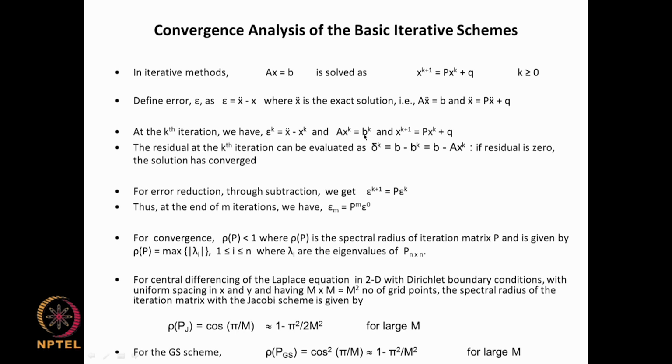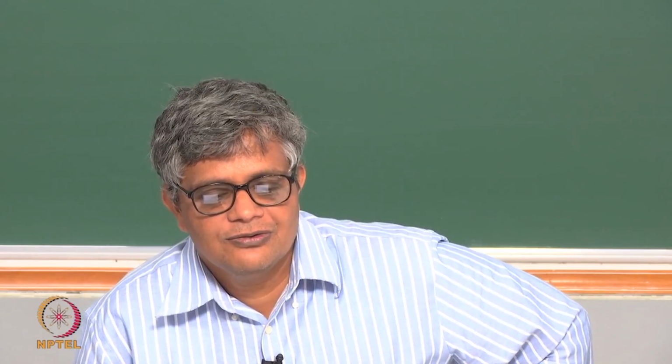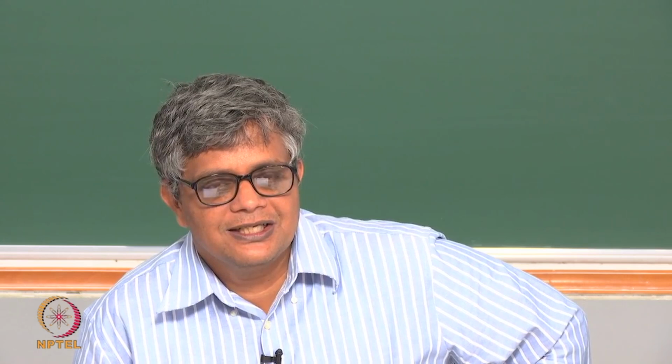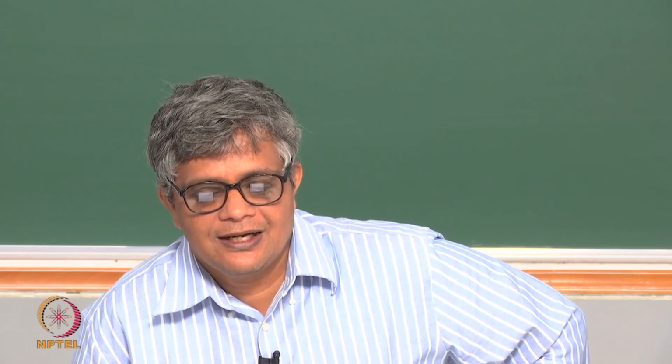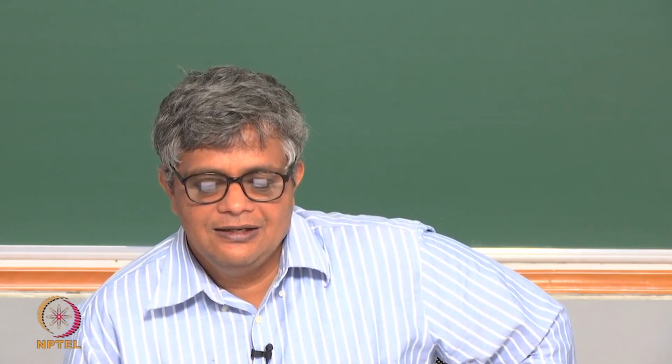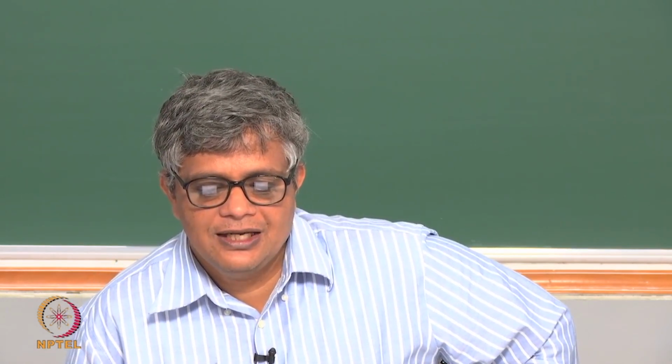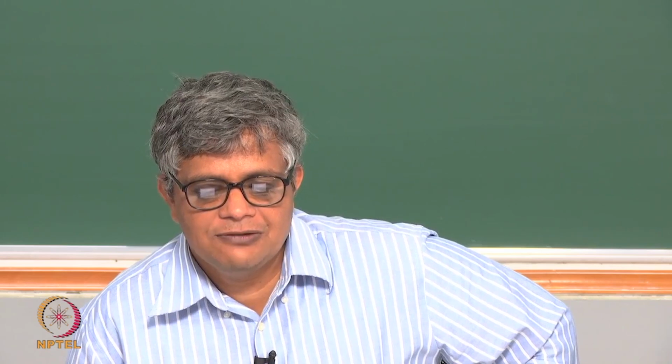The difference between b^k and b is what is known as the residual, and this residual means that there is a residual amount of dissatisfaction of the given equation Ax = b by the current value x^k. So, if you substitute x^k into this equation and you get b^k, and if b^k is equal to b, then x^k is the exact solution because it is satisfying this equation.